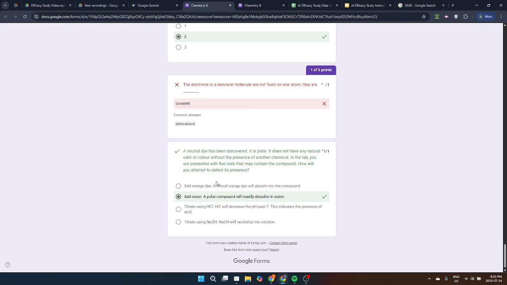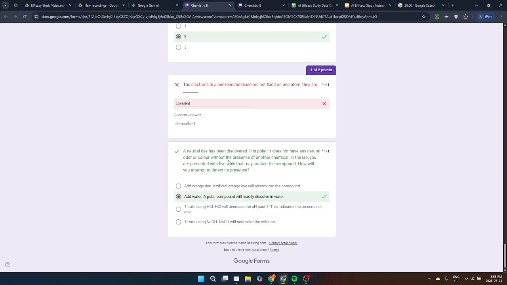And then the last question was about identification of compounds. So it gives you a bit of a description about the compound, and then it asks how would you attempt to identify it, right?